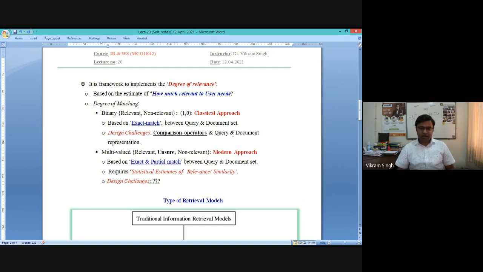As far as query and document representation is concerned, the Boolean or binary classical approach always prefers a simple text-based representation. It says, okay, you can have the set of documents, and you can derive surrogate data in terms of text. Simple text processing can serve this purpose.